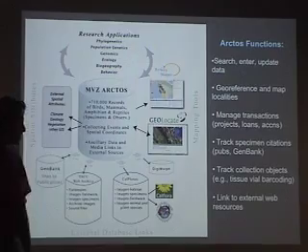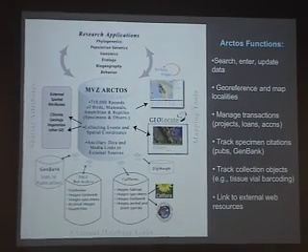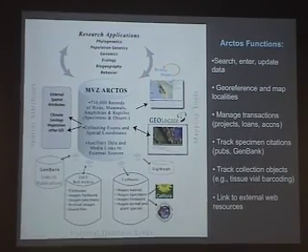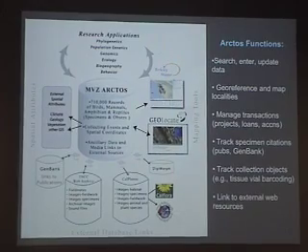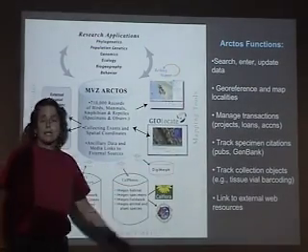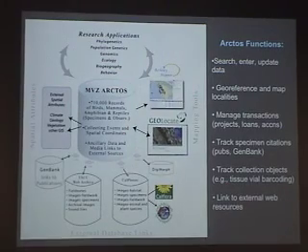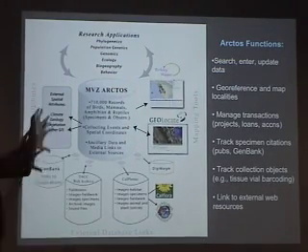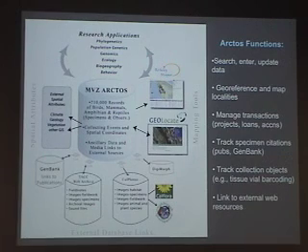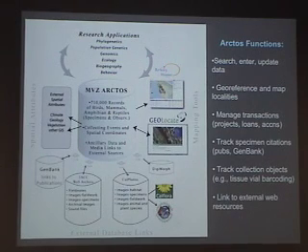We also have images that are archived in CalPhotos that are linked. Right now it's not dynamic, but we're trying to get money to do that. We've got some linkages to Digimorph, which I'll show you in a minute. And so with all of this sort of multiplex of data, it's very powerful in terms of asking biodiversity research questions.